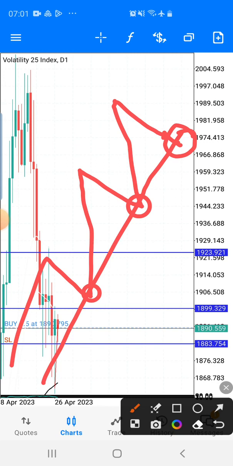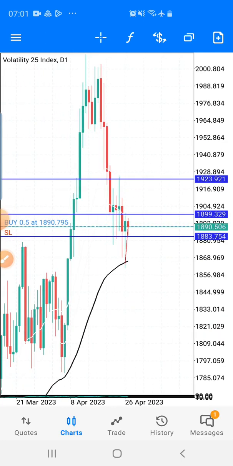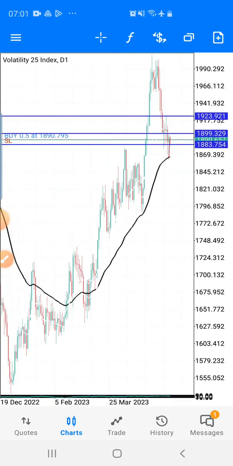So this is exactly how this setup I'm about to share with you is developed. For you to understand some advanced concept of trend line, that's one of the reasons why I'm sharing this.